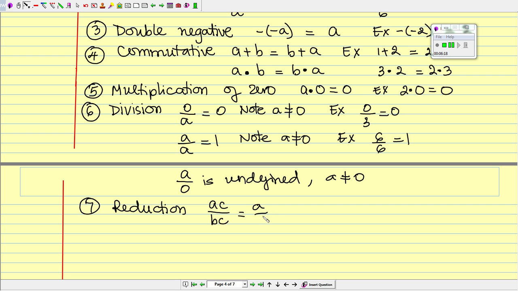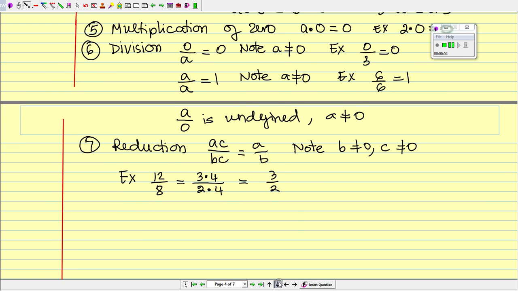So your quotient, or your final answer, will be just A over B. With a note that your denominator B cannot be 0, and C, also in your denominator, cannot be 0. So example, 12 over 8. Now let's go ahead and write out the factors. 12 will be 3 times 4. 8 will be 2 times 4. So the 4 divided by itself is gone, so you have 3 over 2.